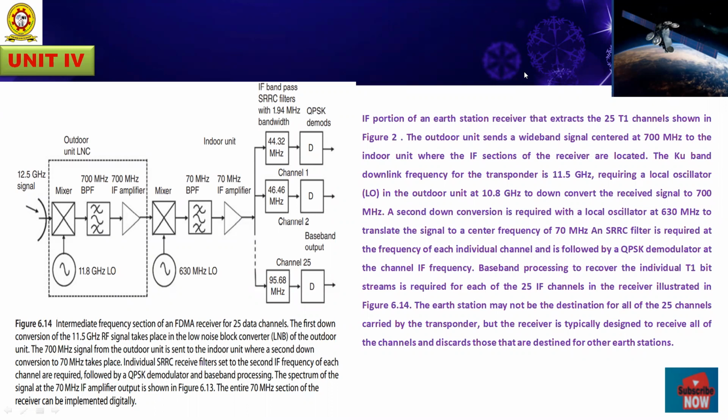To tune up this 11 gigahertz transponder frequency, we require a local oscillator frequency of approximately 10.8 gigahertz, which is used to down convert the signal to approximately 700 megahertz.